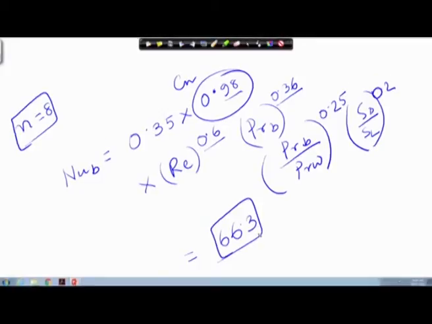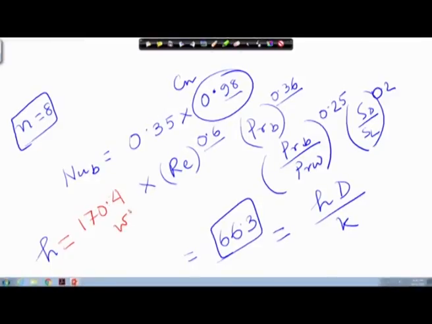Once we know the Nusselt number, this can be related to h d by k, and we have the value of k and the value of d. We can find out the heat transfer coefficient, which comes out as 170.4 watt per meter square Kelvin.